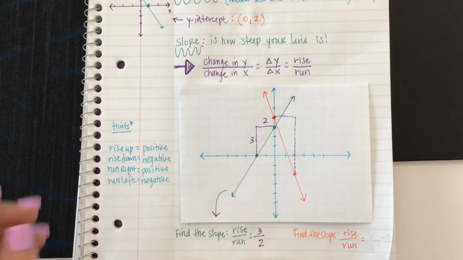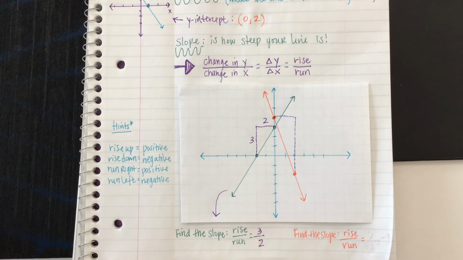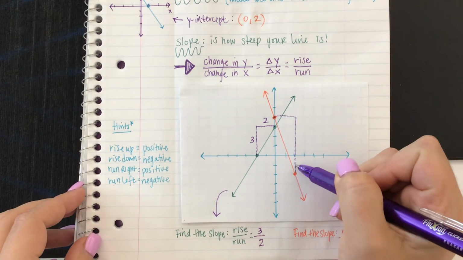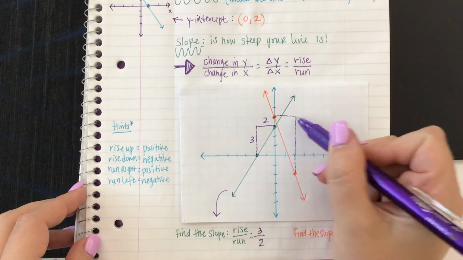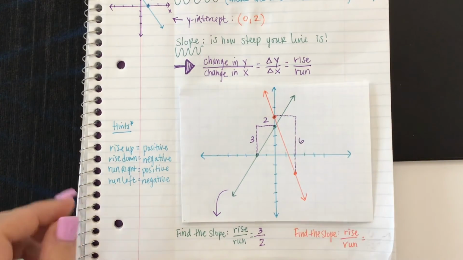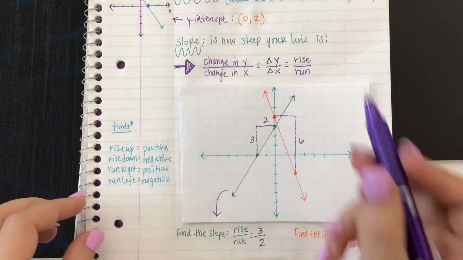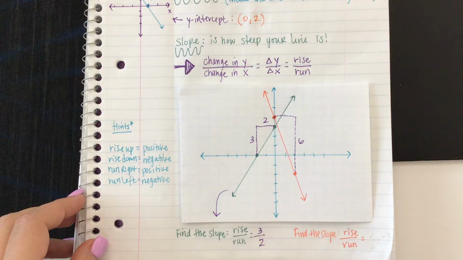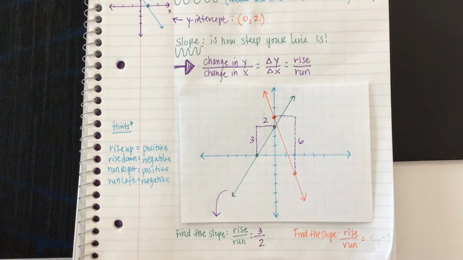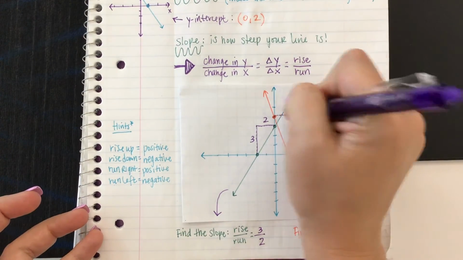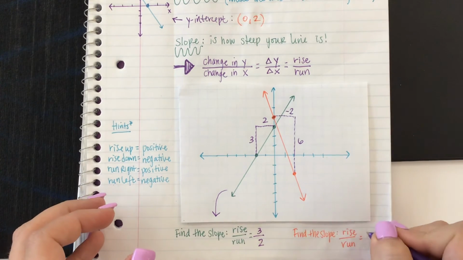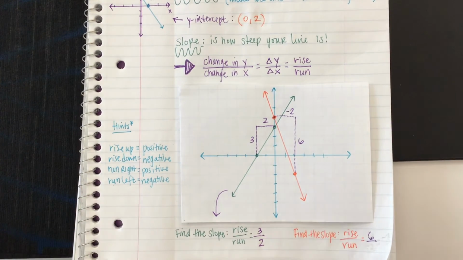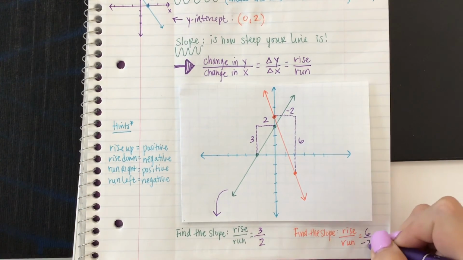And then we're going to count our units that we went up and over. So we go 1, 2, 3, 4, 5, 6 units up. And then we go 1, 2 units to the left. Now remember, because we go to the left, it's a negative number. So we rise 6 and we run -2.